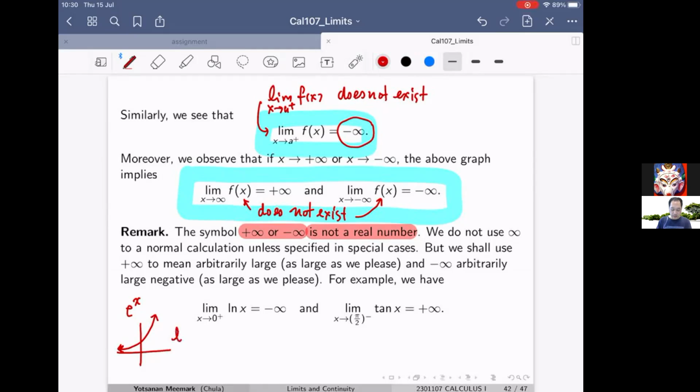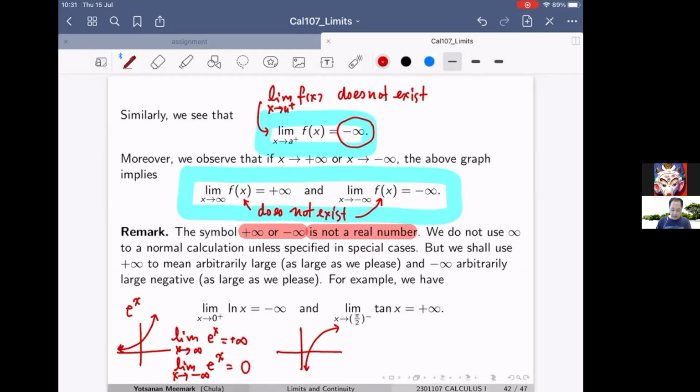To zero. So the limit as your x goes to negative infinity of e to the x will be 0. And also for the log, the graph looks like that. It goes pretty large on one end and pretty small on the other.